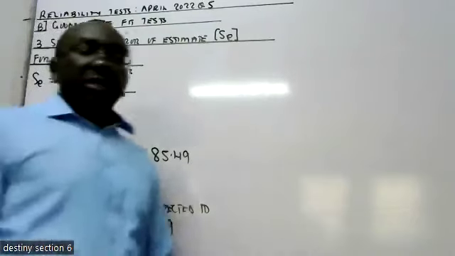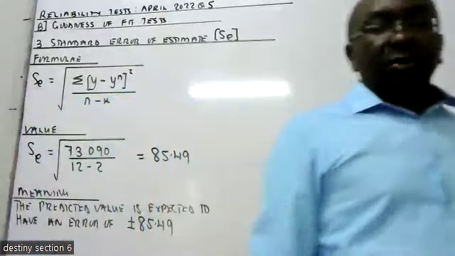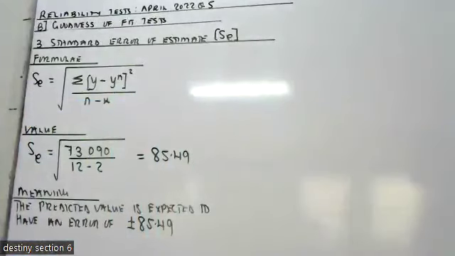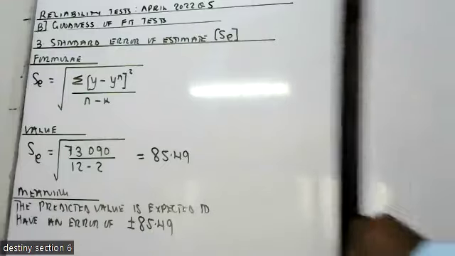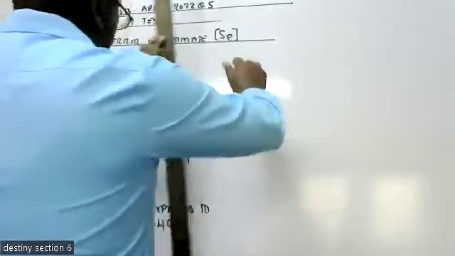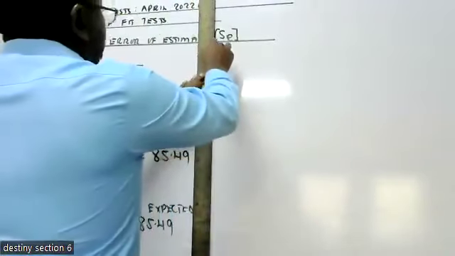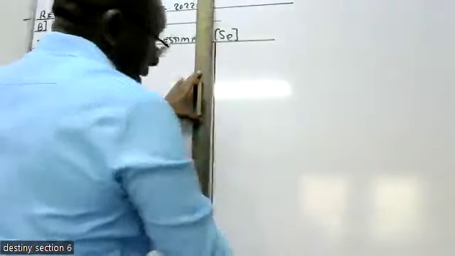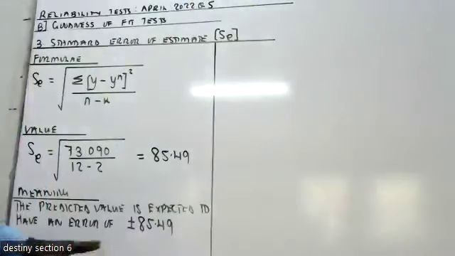So when you use this equation to predict, like we were doing, the answer you get should have an error of 85.49. Now, as you can see in your notes, this is what the examiner had asked.